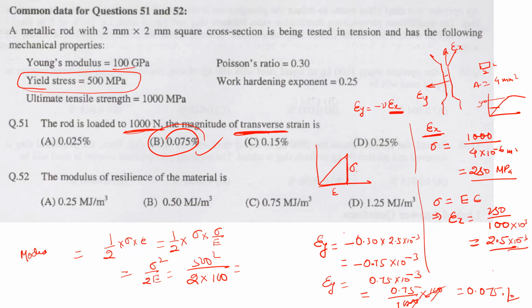So 500 into 500 divided by 2 into 100, but this 100 is in GPa, right? So we will write here 10 power 9, and here 10 power 6 squared will be there, so that means it will be 10 power 12 over here.